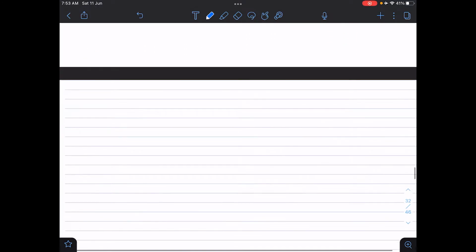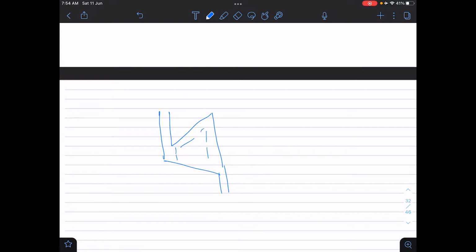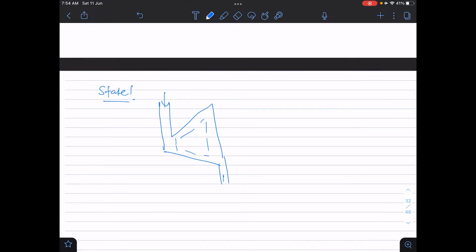So first of all, you can sketch the turbine. This is your state 1, and this is your state 2. Inside this we have steam here.